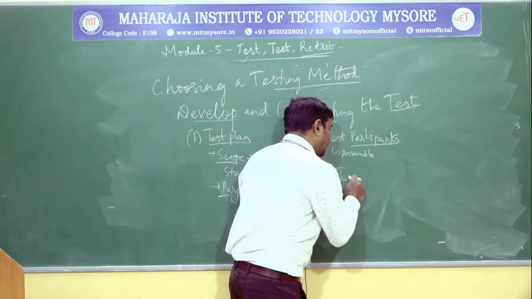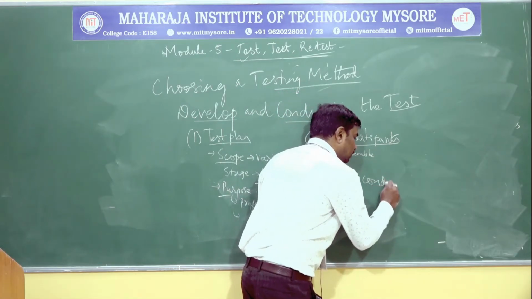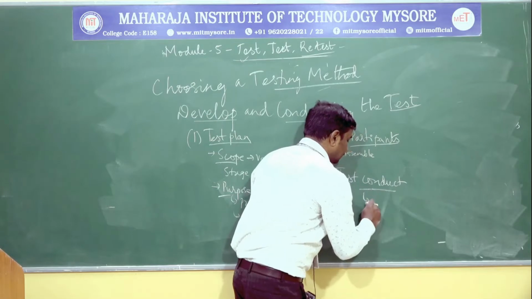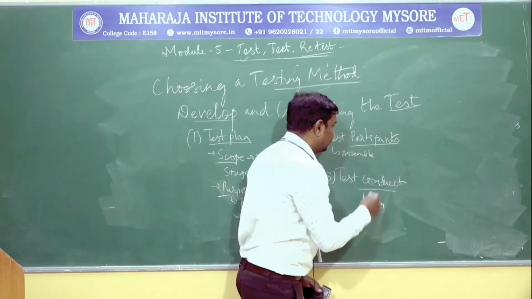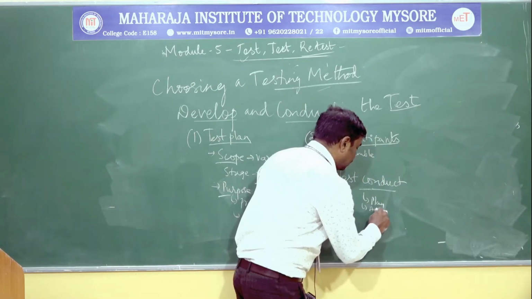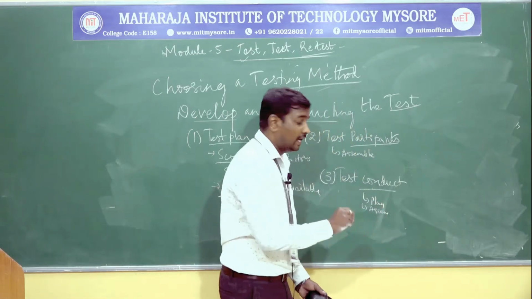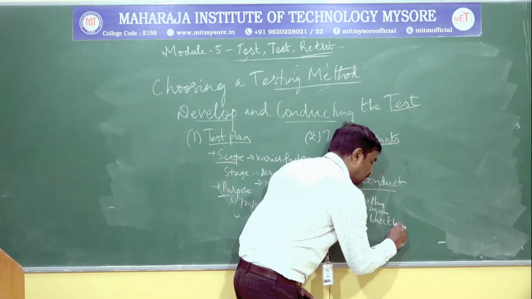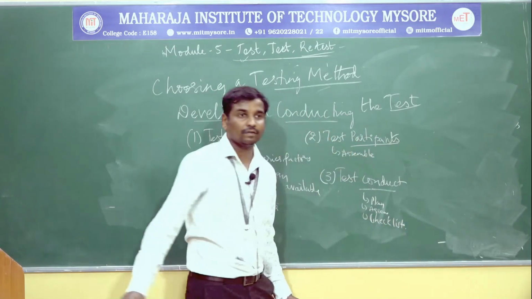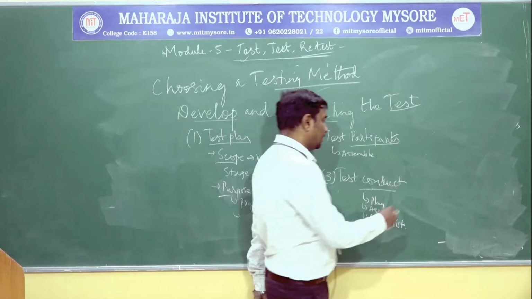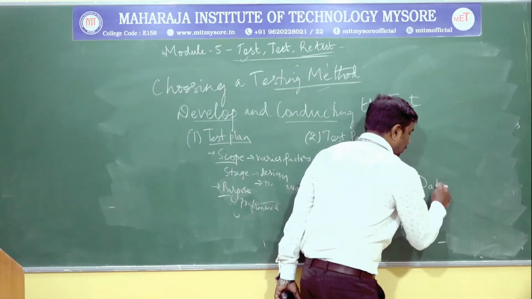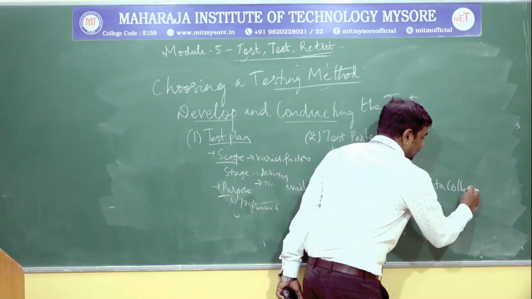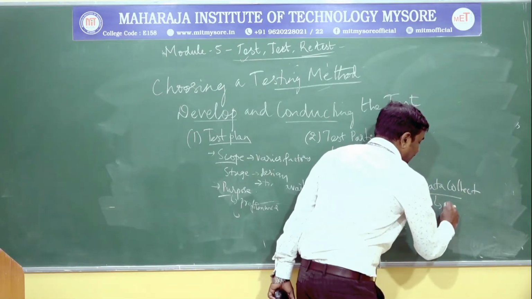And the third method of developing a testing is we need to conduct the test. While we are conducting the testing, we have to give the proper plans, and we need to assemble some of the people, and we also give some checklist for conducting it, and also we need to collect the data, and the collected data needs to be analyzed.